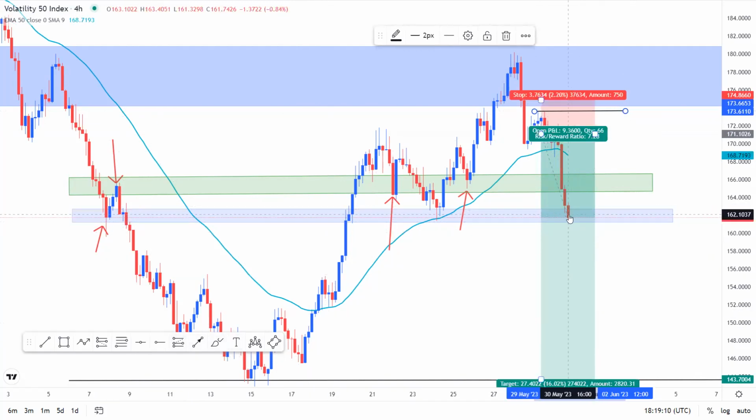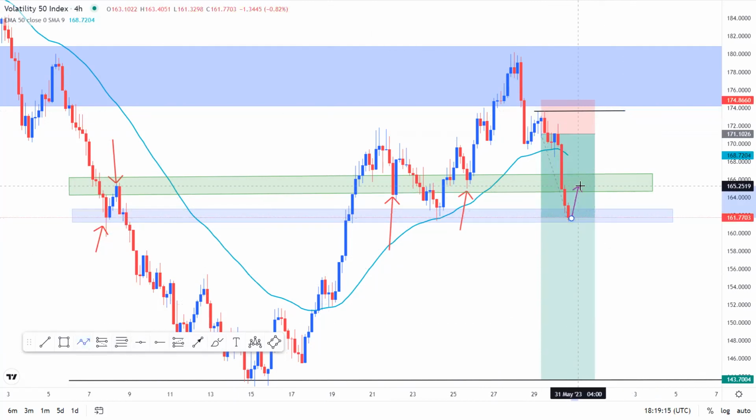So we could see price potentially retest this level. And because previously the level was support, and now we're seeing price break below the level, the broken support most likely becomes a new resistance.